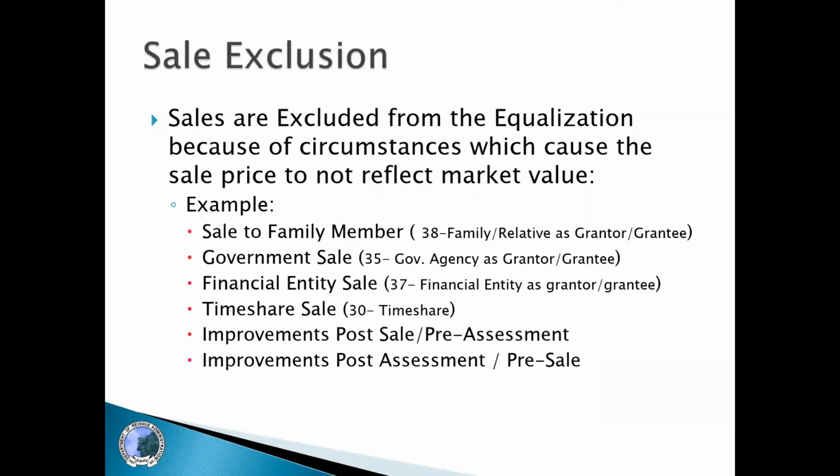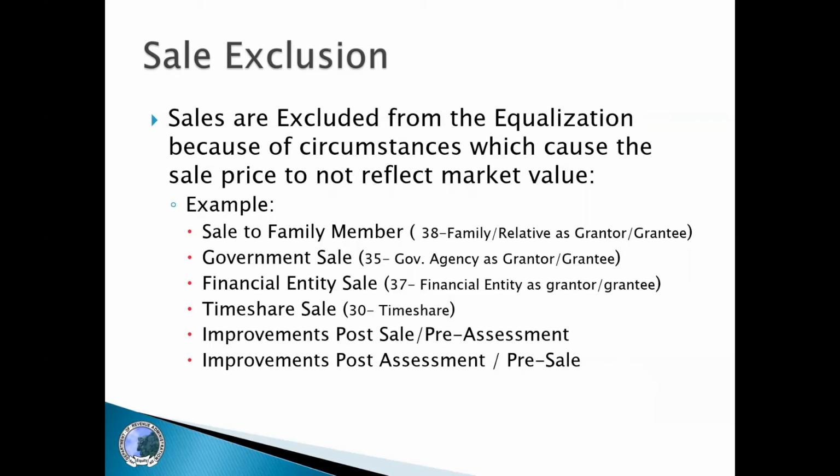So a little bit about sales exclusion. Sales are excluded from equalization because of circumstances which cause the sale price not to reflect market value. So it's not an arm's length transaction, meaning a transaction that happened on the open market with a willing buyer, a willing seller, who are not under any duress.